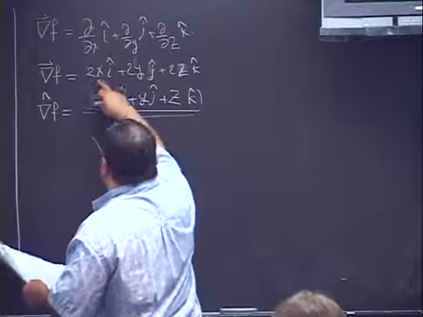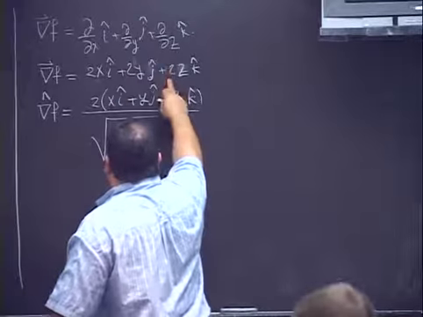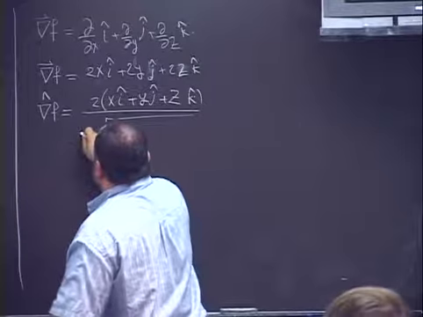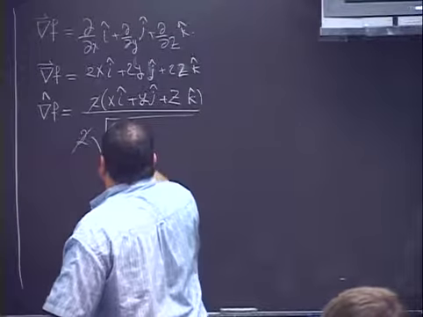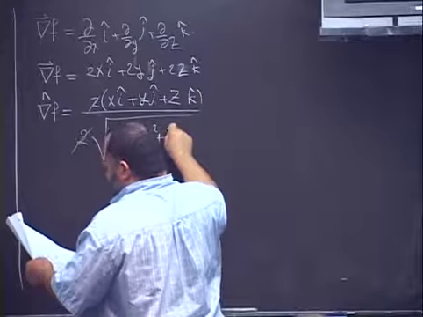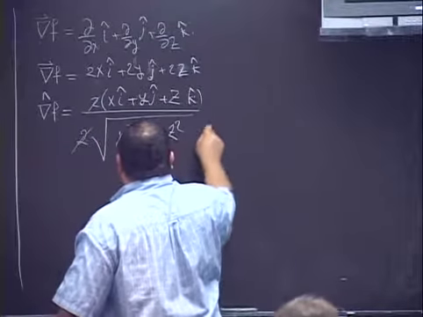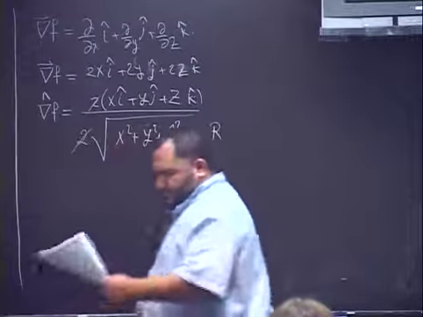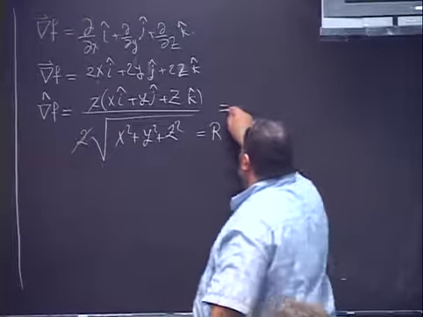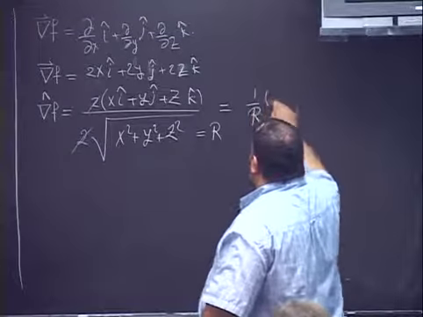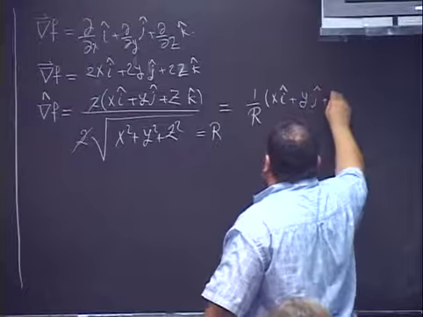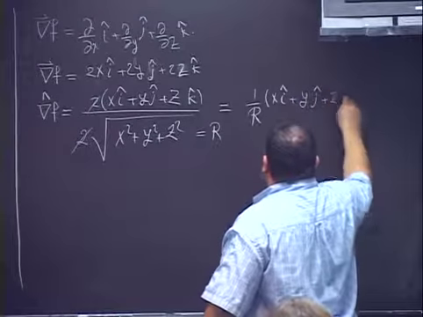It's the square root of 4x squared plus 4y squared plus 4z squared. 4 will be outside the square root, it will be 2, and 2 will cancel with 2. And you'll have x squared plus y squared plus z squared, which is what? r. So it will be just 1 over r, x in the direction of i plus y in the direction of j plus z in the direction of k.